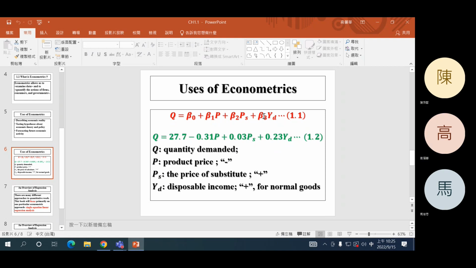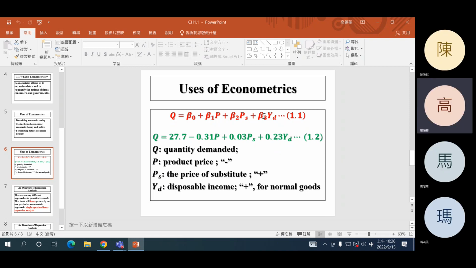And this is telling us that when the price of the cell phone goes up, the quantity goes down, since this is negative. Not only the signs, but also how much difference, how much they will affect the quantity. Then for this one, we are expecting a positive relationship.